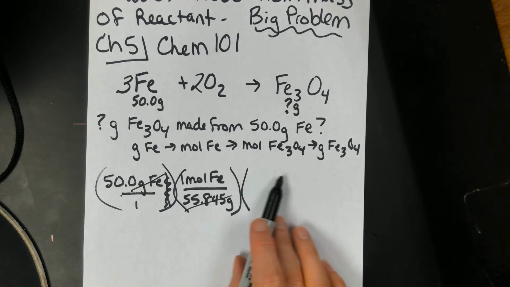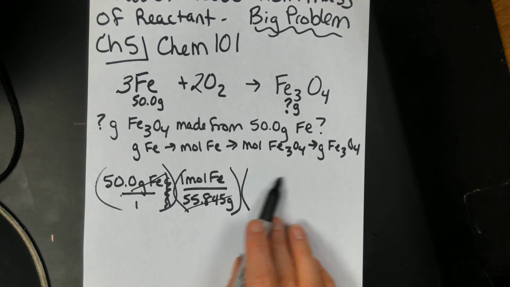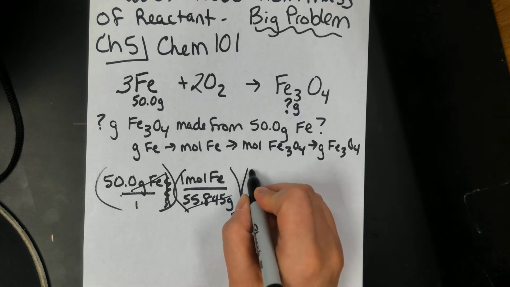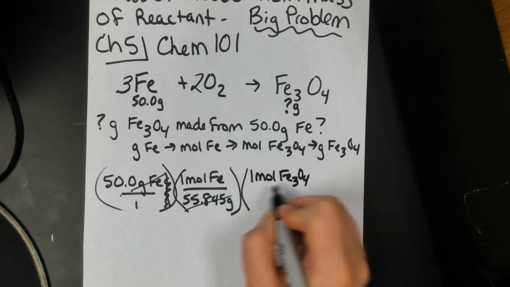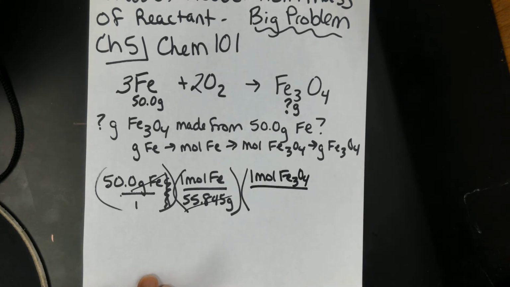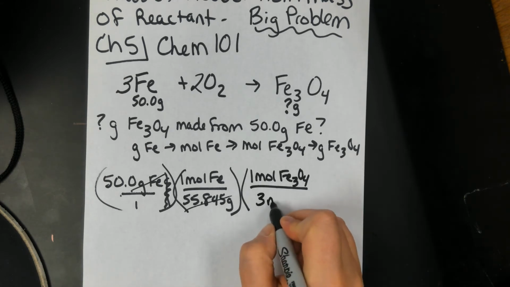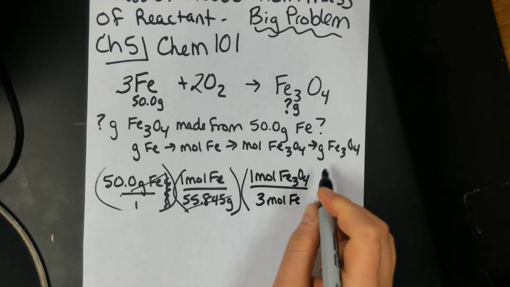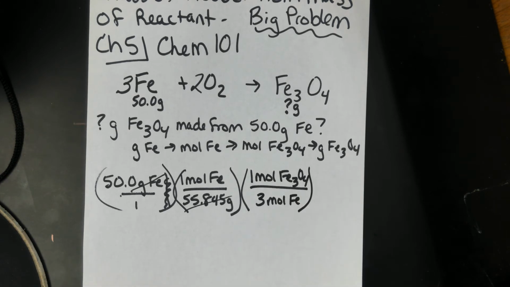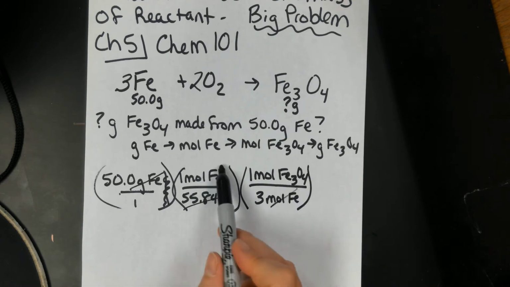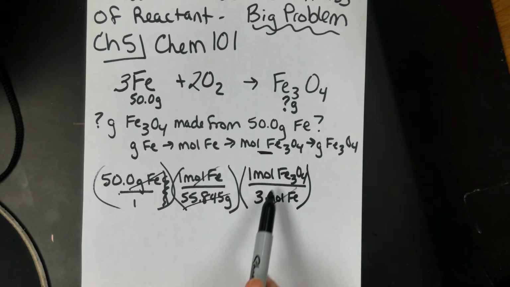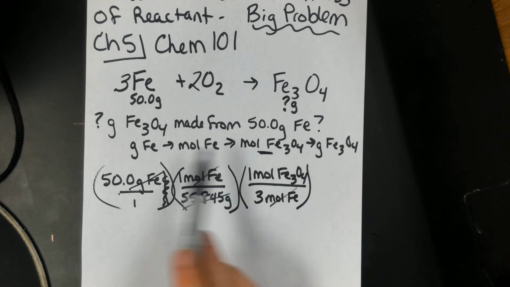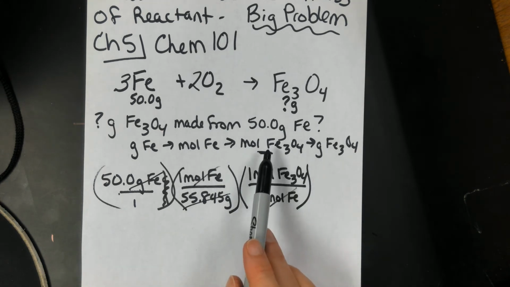The iron oxide compound is my desired unit, so I'll put that on top. So 1 mole of Fe3O4 for every 3 moles of Fe. So you see how we are now in this stage of the jump.